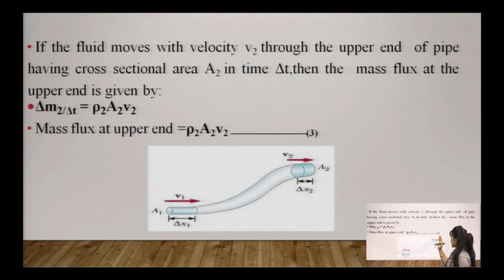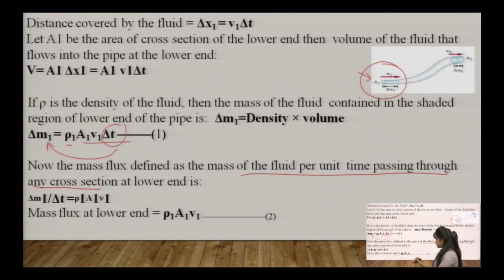Now, we come to the exit one. Applying all those steps at section 2 also, we get the mass flux with density rho 2. Rho 1 and rho 2 can be the same only if the fluid is incompressible, then rho will be constant.